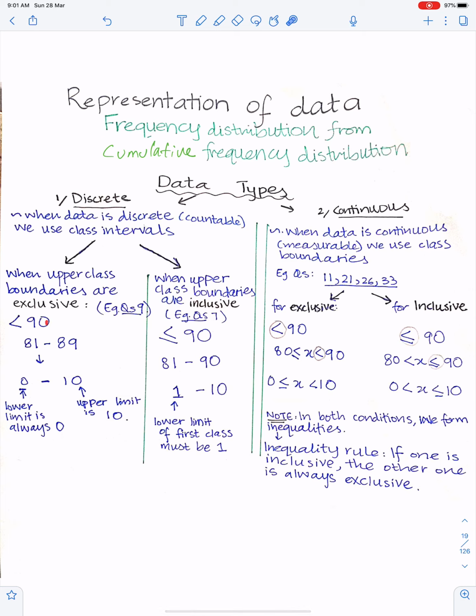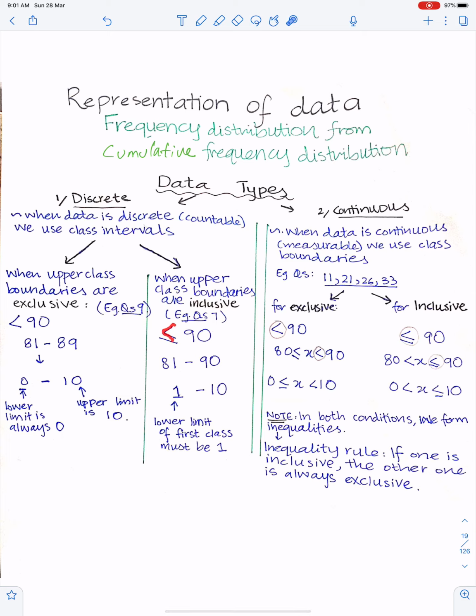When the upper class boundaries are inclusive, then the upper limit of class interval must be the same, 90. And then the lower limit of the first class interval must be 1 when this is inclusive. When this is exclusive, then the lower limit of the first class interval must be 0. You have to learn this rule.